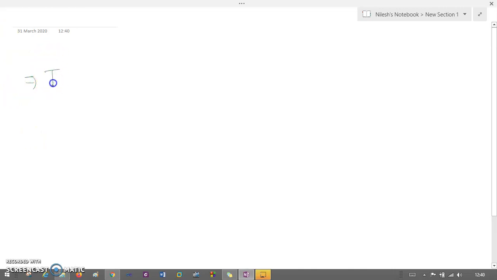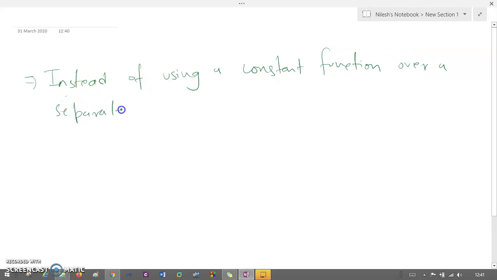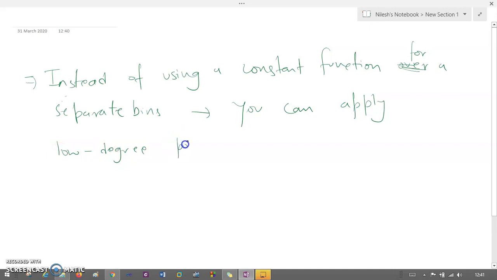So what I'm going to do is, instead of using a constant function for separate bins, you can apply low degree polynomials.